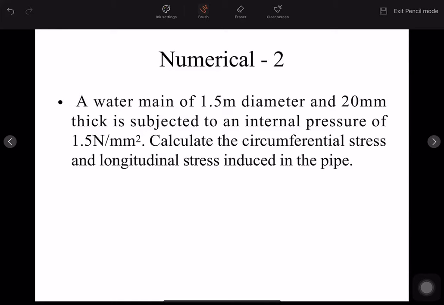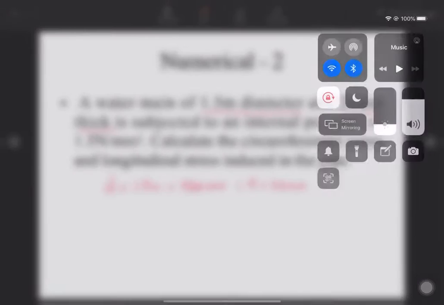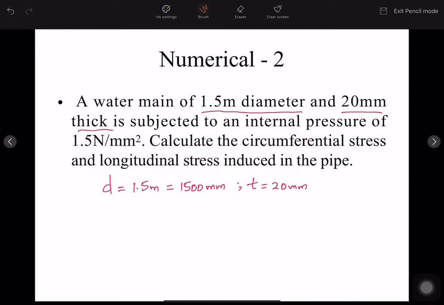A water main of 1.5 meter diameter and 20 mm thick. So small d is 1.5 meter. It can be written as 1500 mm, and thickness is 20 mm.